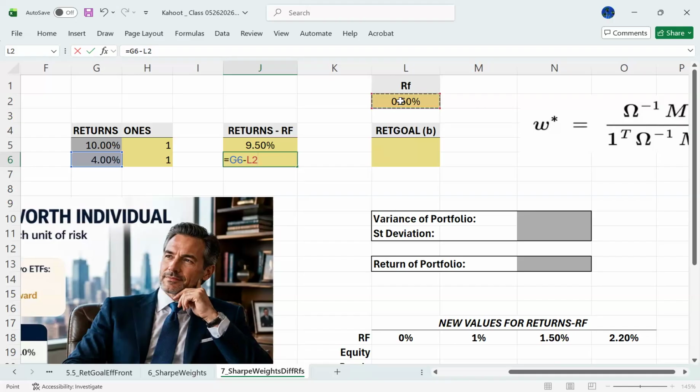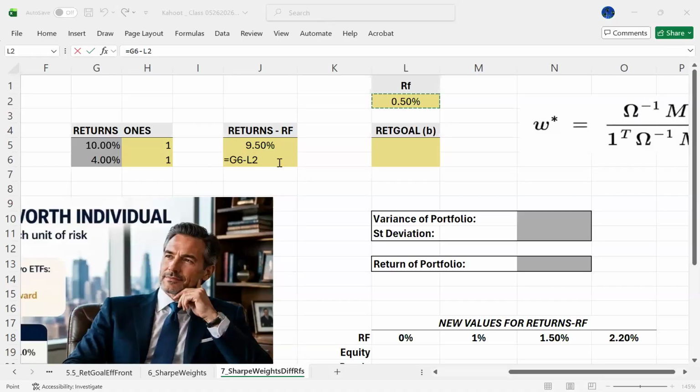If there is a risky portfolio giving me 0.5%, I'm not interested in that. I can invest in riskless investments and still get that return. I'm only interested in a level of return that is above that 0.5%.